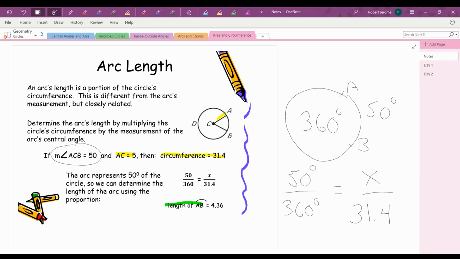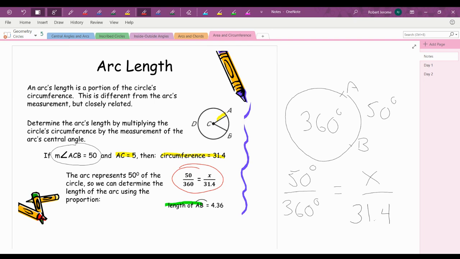So look at my setup right here. Our arc is 50 degrees of the 360 degree circle. That is a certain part of the entire circumference. So 31.4 is the whole circle all the way around. That's why it's matched up with the 360. The length of our arc represents part of the circle, 50 degrees of the circle.